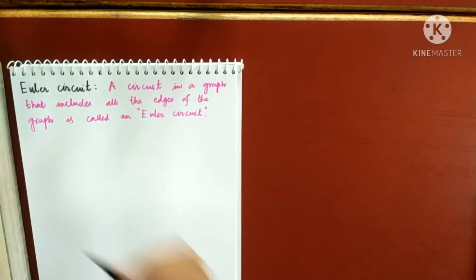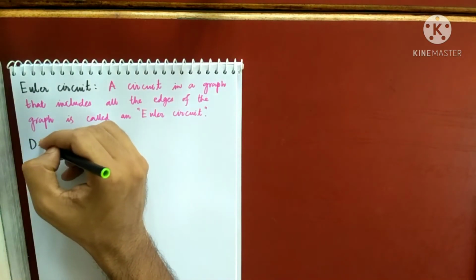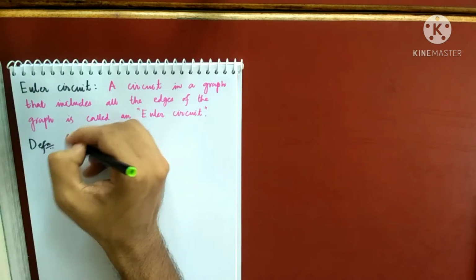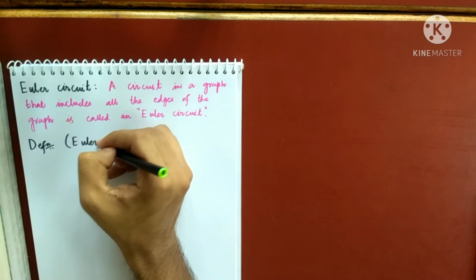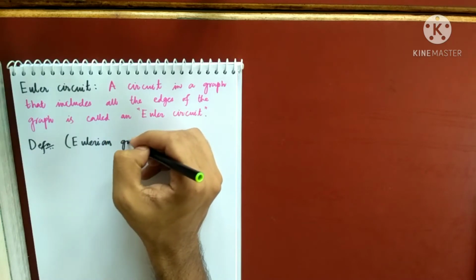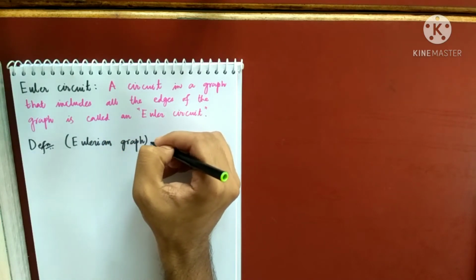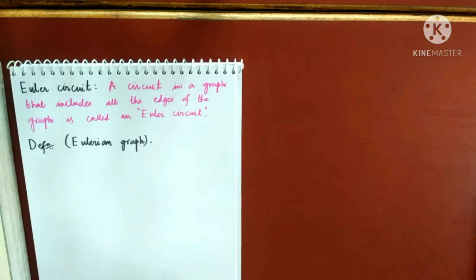So we'll take another definition: Eulerian graph. Which graphs are called Eulerian? Very simple: those which have an Euler circuit. A graph is said to be Eulerian either if it is a trivial graph, consisting of only a single vertex, where I cannot talk about an Euler circuit, or if it has an Euler circuit.